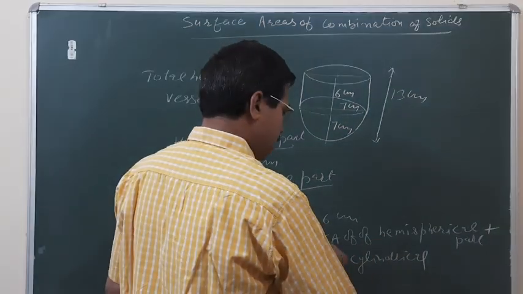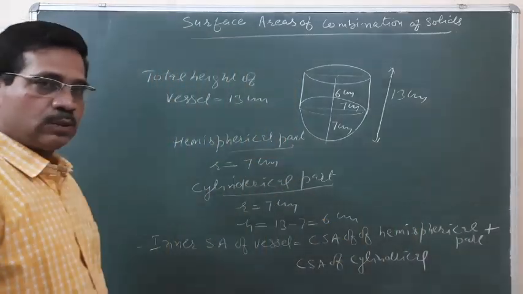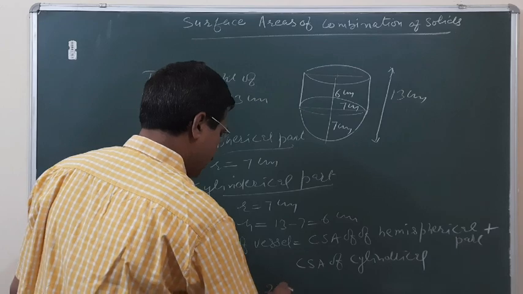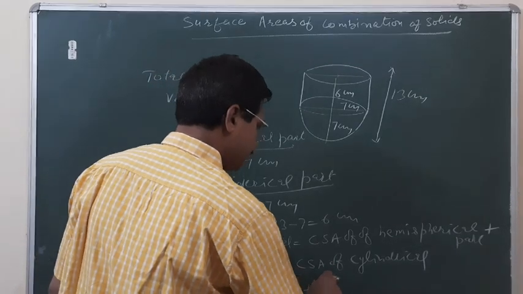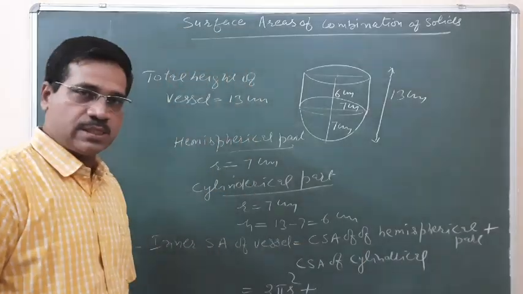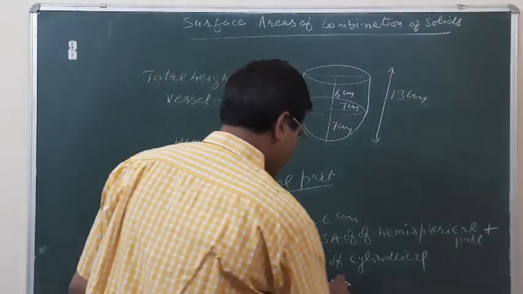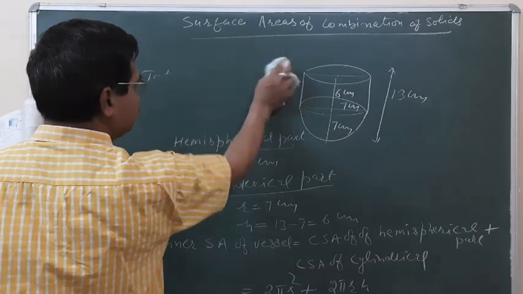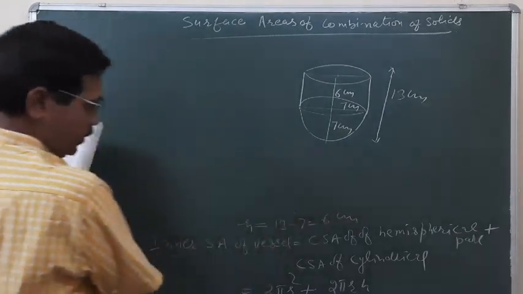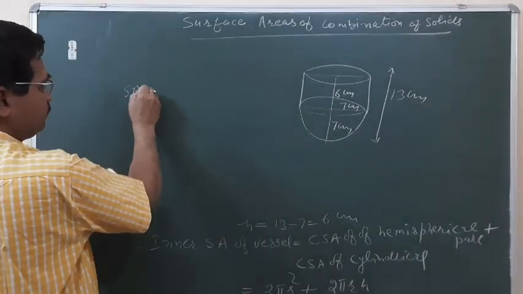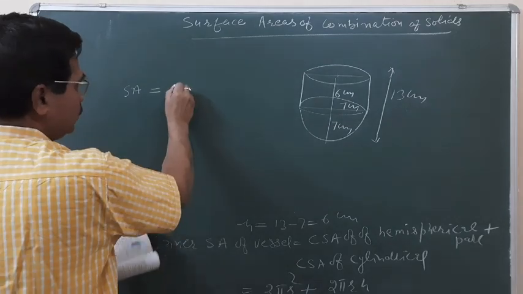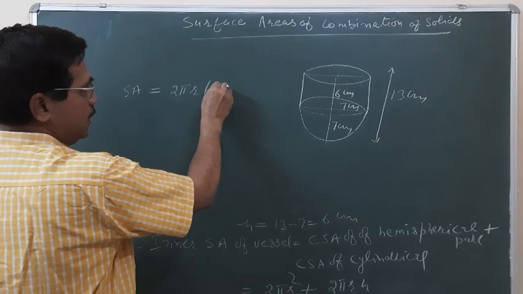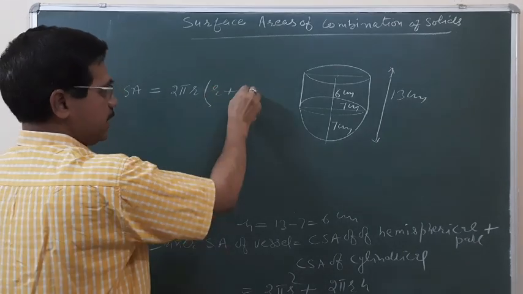We know that the curved surface area of hemisphere is 2 pi r square, and the curved surface area of cylinder is 2 pi rh. Now take common. Therefore, surface area of the vessel is 2 pi r common, r plus h.